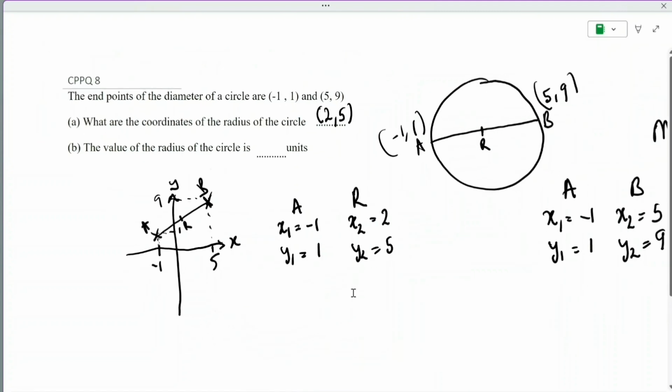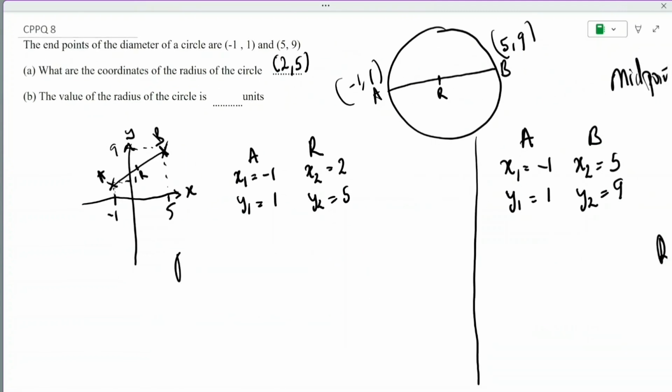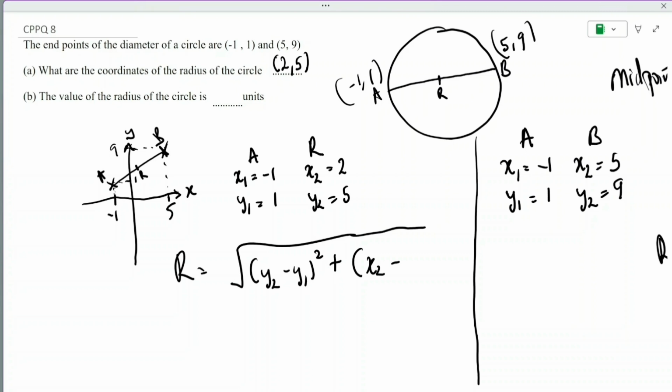The formula we are applying to get the value of the radius is the formula for the distance between 2 points, using the coordinates of the 2 points. So we have the formula as square root of open bracket y2 minus y1 close bracket square plus open bracket x2 minus x1 close bracket square. You have to be very careful here, particularly because you have a negative.